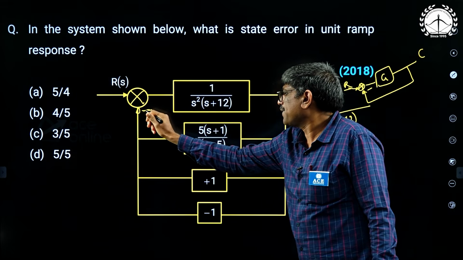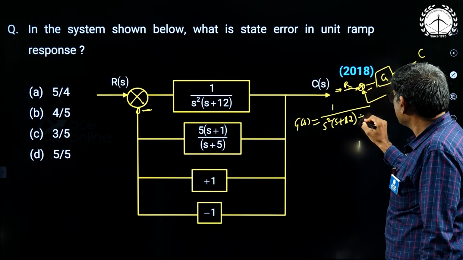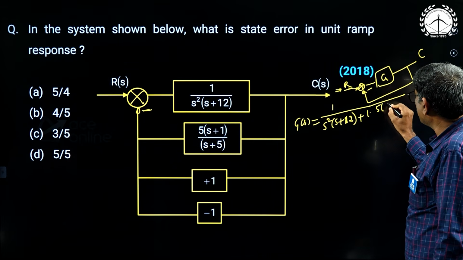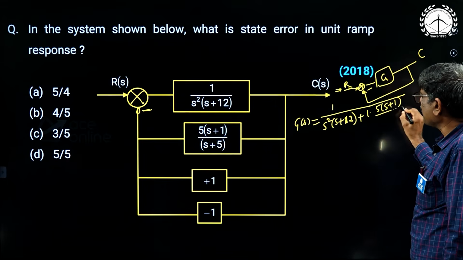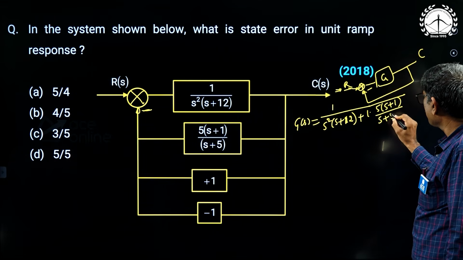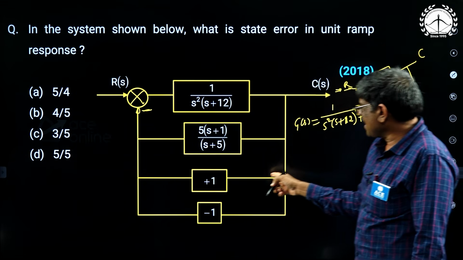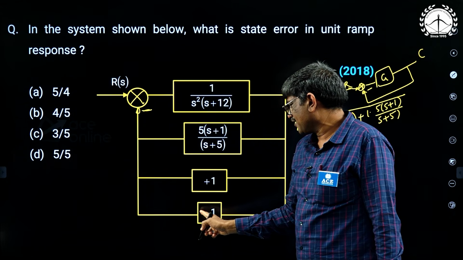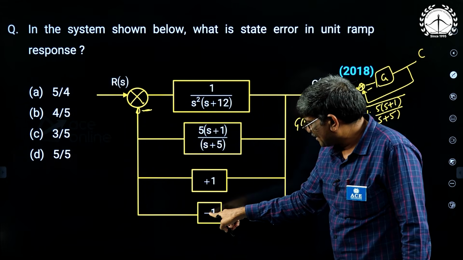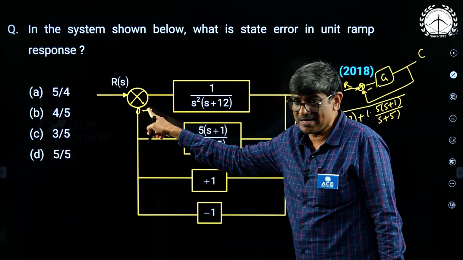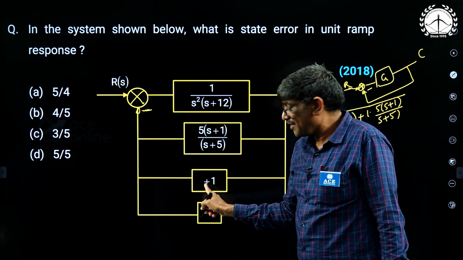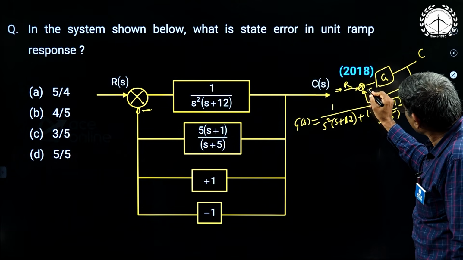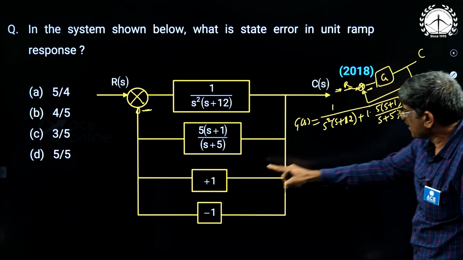Opposite sign of the feedback: minus means here plus. The numerator is the product with the feedback gain, meaning 5(s + 1)/(s + 5). Then you simplify this: positive feedback is converted to negative feedback, so minus plus means you simplify, and the result should be left with 1 in negative feedback, and here it should be 1.